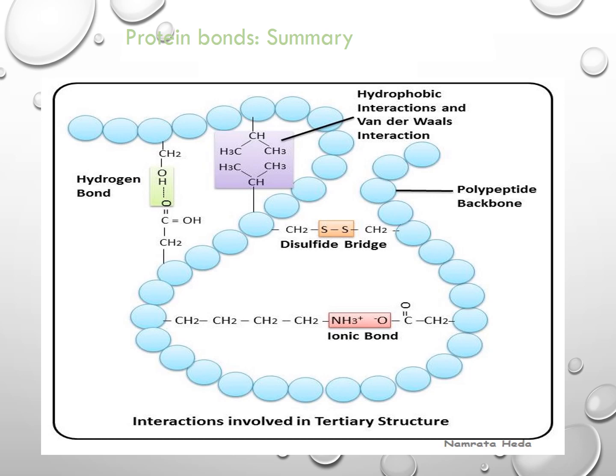So the peptide bond is present between the individual amino acids. They are joined together to form the polypeptide chain. By this structure, you can easily identify the location of the different bonds that are present inside the protein molecule.